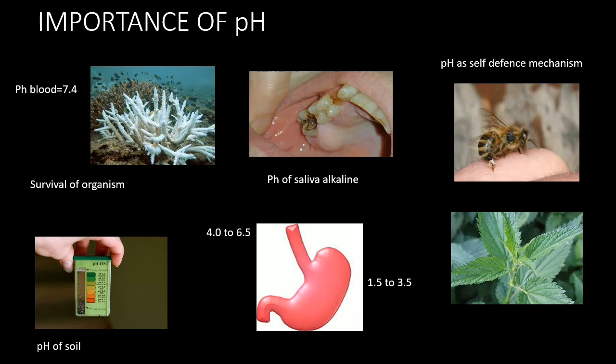But sometimes excess hydrochloric acid builds up inside the stomach, and that is not good. You feel uneasy, and in order to neutralize that acid, you take antacids like milk of magnesia.